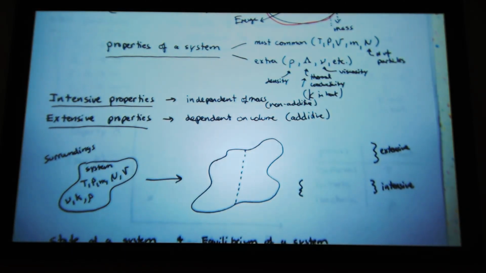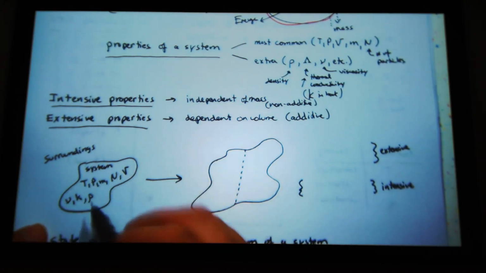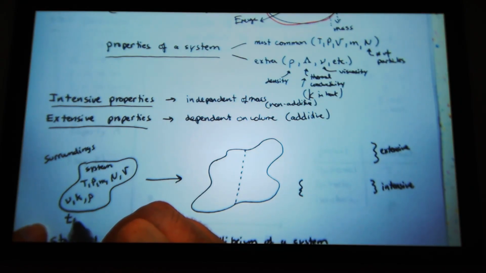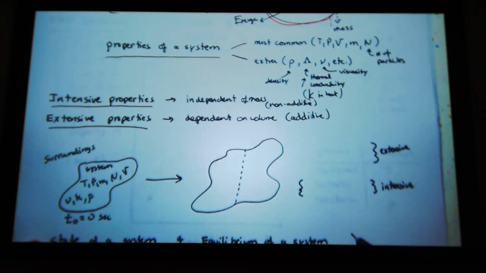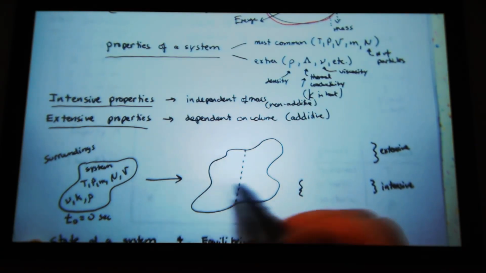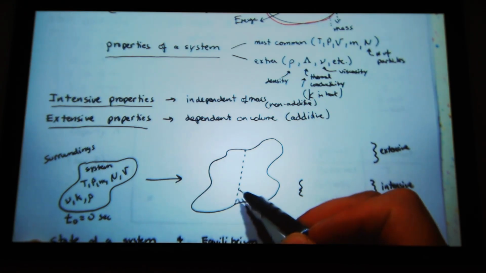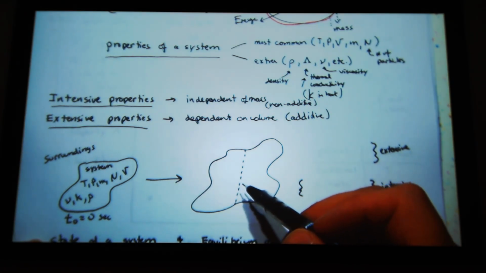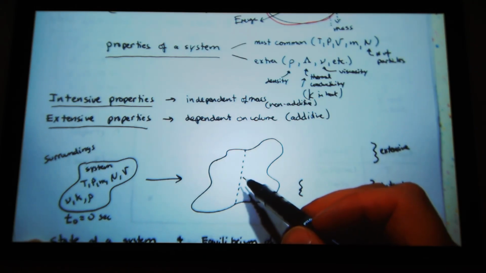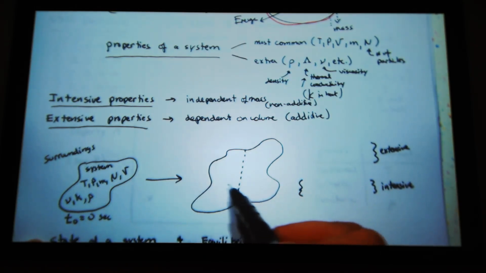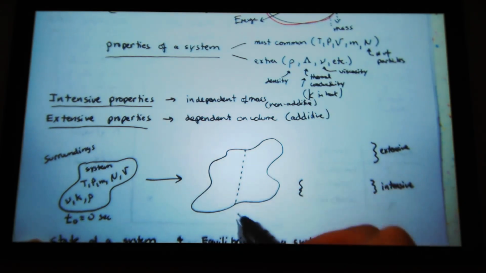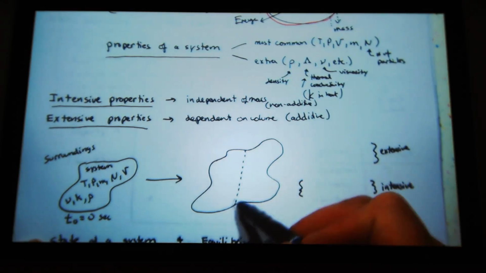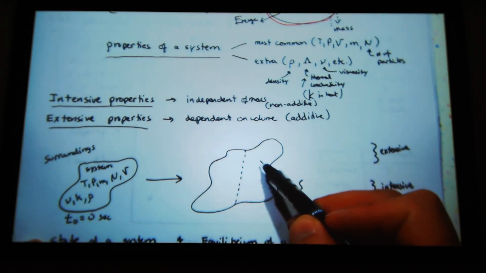So I have my system, and it has all these properties. And let's say this is my system at t equals 0 seconds. So I can draw an arbitrary boundary or segment line that separates my system into two subsystems, not changing the properties, but I just put something in. And let's say I do it in the middle, so this volume is the same as that volume.